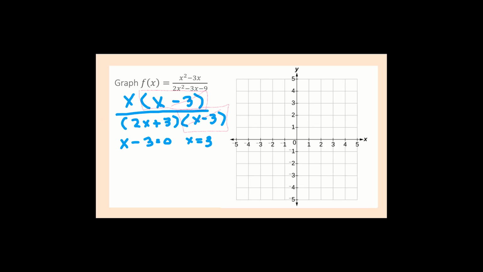Plug that back into the equation with that 1 taken out, and just look at the x, substitute in 3, and in the 2x plus 3, substitute in a 3. 3 times 2 is 6, plus 3 is 9. And that's 3 over 9, which reduces to 1/3. So when x is 3, y is 1/3. That's where your hole is going to be.